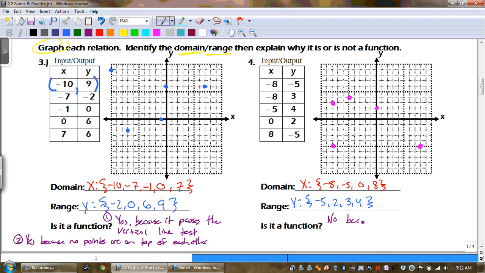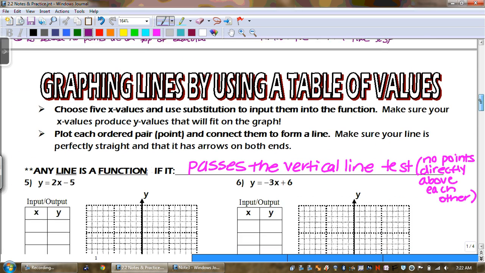And that is because we have the points -8, -5 and -8, 3 above each other. And it failed the vertical line test. Okay, so there's 2 reasons why it failed. Okay?